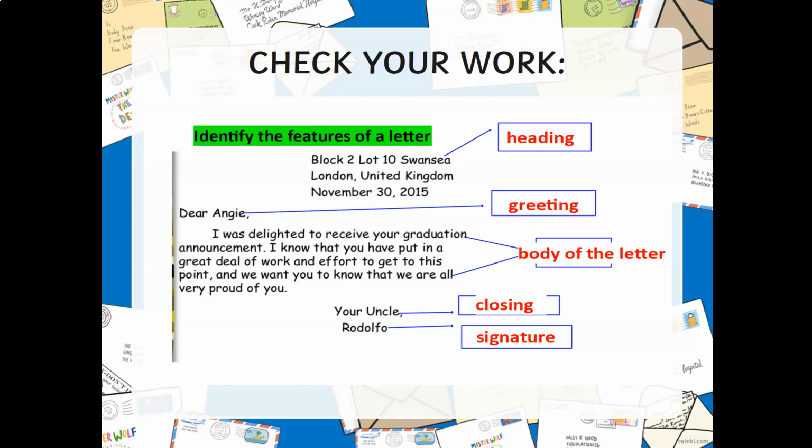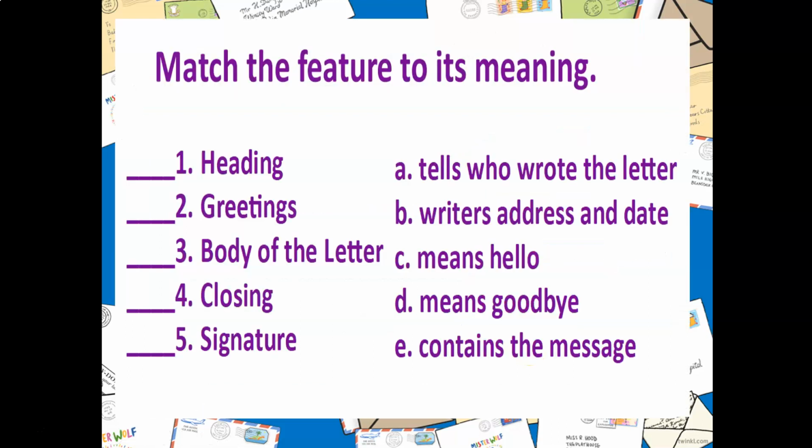Again, it has the address and the date. The greeting, dear, hello, then the name of the receiver. Then we got the body of the letter or the body itself. It contains the message. Then the closing, like your friend, your uncle. Then the signature, the name of the writer.